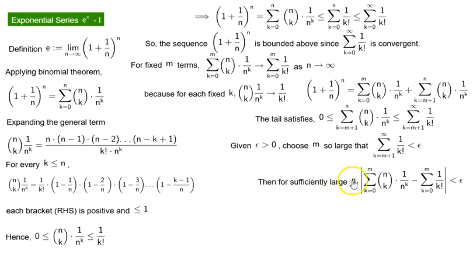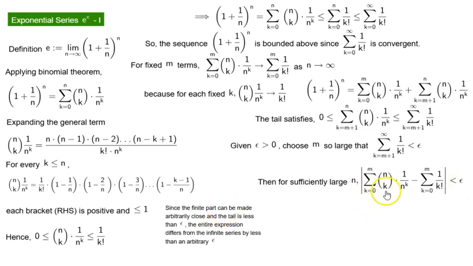Then for sufficiently large n, the distance between the sum k equal to 0 to m of n choose k times (1 by n) to the power of k minus the sum k equal to 0 to m of 1 by k factorial is going to be less than epsilon.